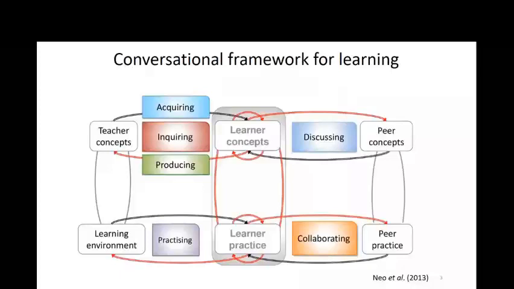So the idea of ways of learning was born, and they are acquisition, also known as read, watch, listen, inquiry, production, practice, discussion, and collaboration. Ideally, lecturers have to design learning activities using technology that speak to all the different learning types, which speaks directly to the student's online experience and learning processes.